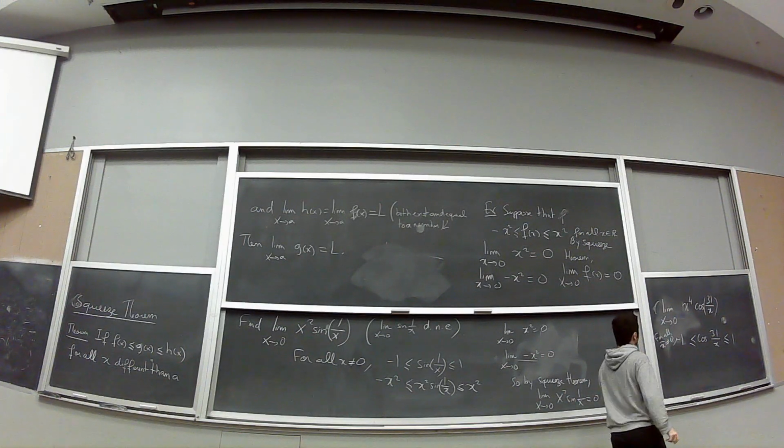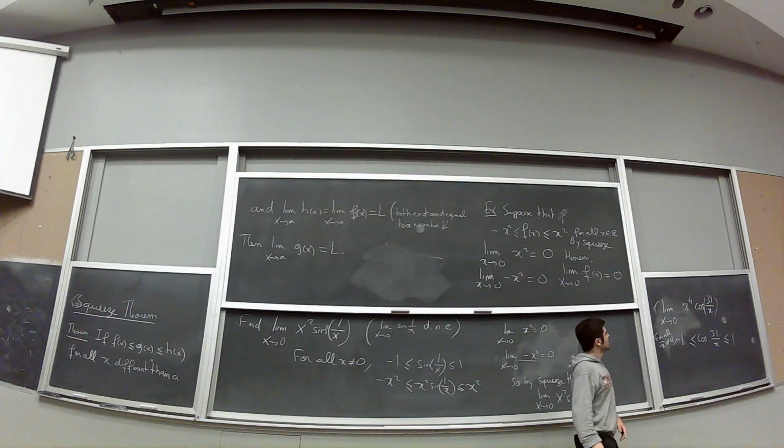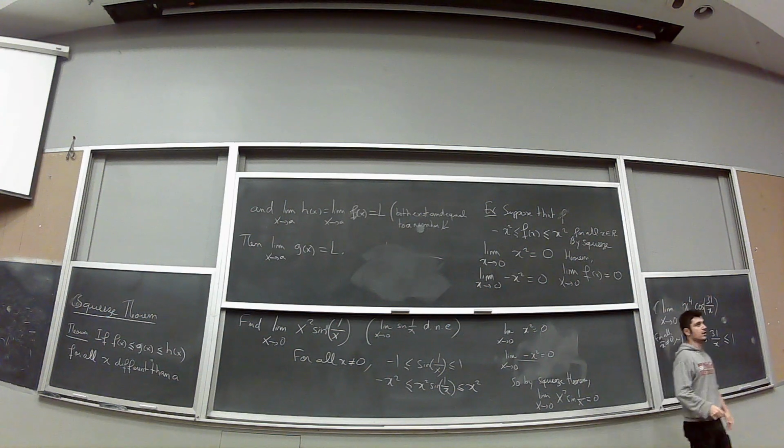Okay, now, what can I do? I need to let this x to the 4 cos 31 over x appear. What do you suggest? Yeah? By x to the 4. And why can I do that? Sure, but why can I do that? Like, why do I multiply by it?